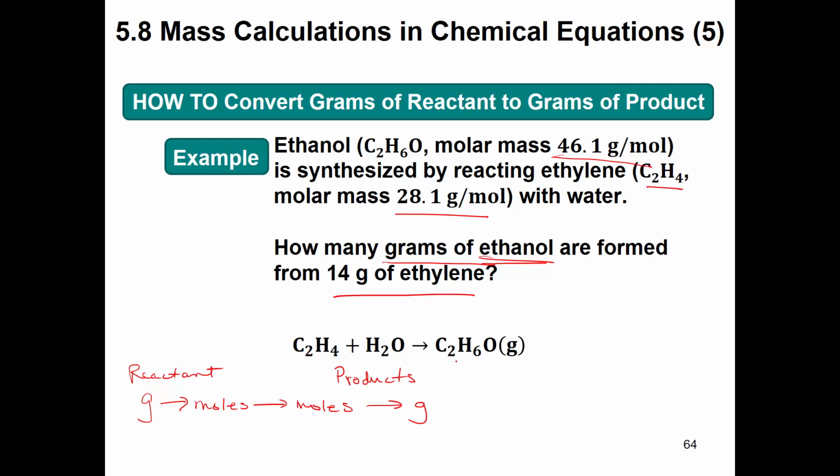Alright, so this is the ethanol, and this is the ethylene. I have 14 grams of this, and I want to know how many grams of that I can make.